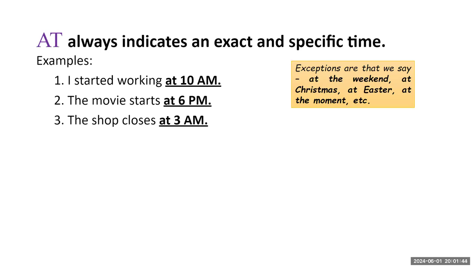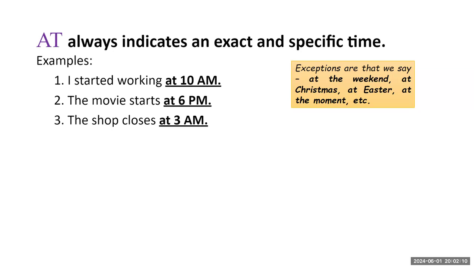So we expect that these are the exceptions when we are using at. Since these are exceptions, it is still correct to say at the weekend, at Christmas, at Easter, at the moment. So that's always to indicate an exact and specific time.